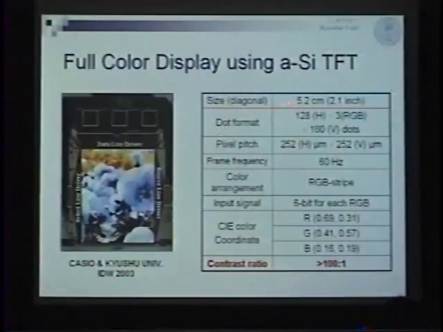The size is 5.2 centimeters in diagonal, and the dot format is 128 by 3 RGB and 160 vertical dots. The pixel pitch is around 250 micron in horizontal and vertical, and the frame frequency is 60 Hz. The color arrangement is RGB stripe, and for the input signal we are using 6 bits for each RGB.